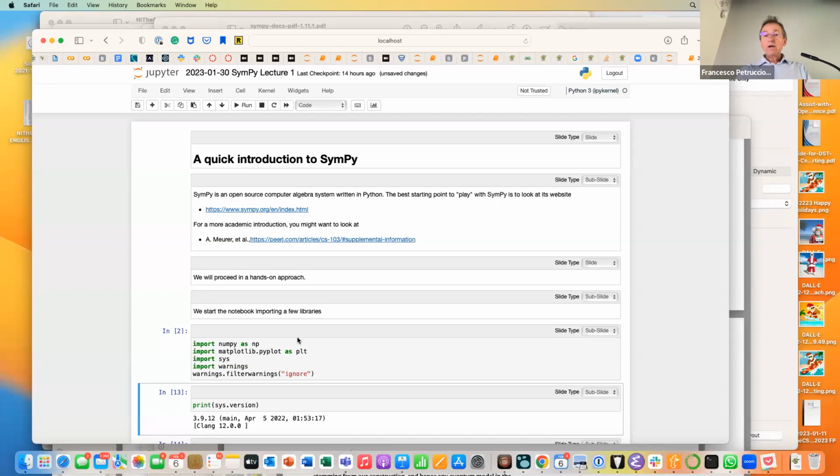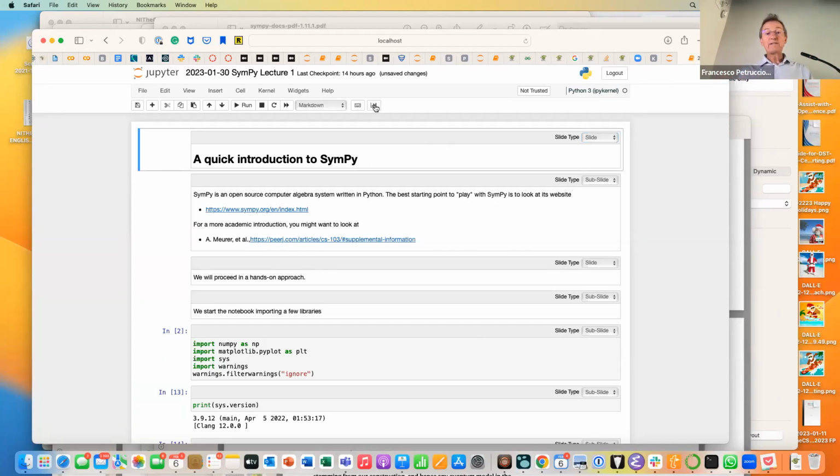Another interesting thing: if you click here on view, and cell toolbar, you can choose slideshow, which is what I did here. Then you have the possibility of making an input line of Python a slide.